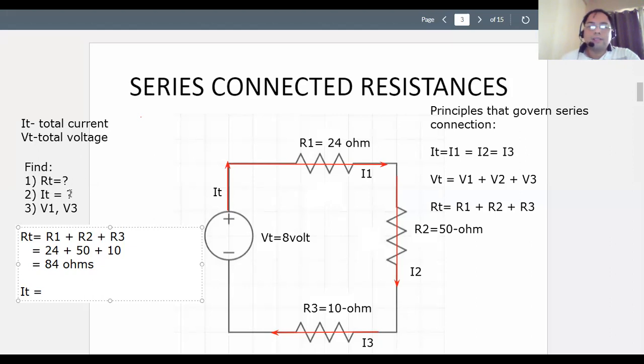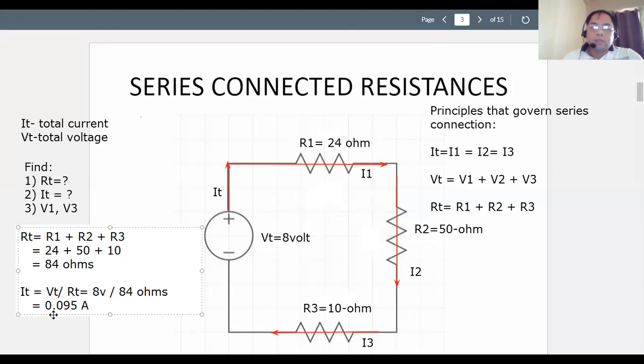So if I sub t is the total current, we will be dividing the total voltage from the battery by the total resistance, and that will give us the total current. Again, the total voltage is 8 volts. Divide that by 84 ohms. So you'll have a small value here, and that gives us 0.095 amperes.